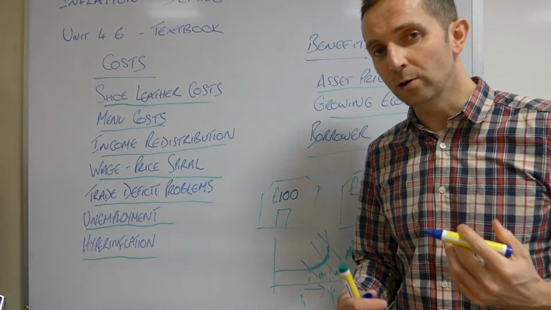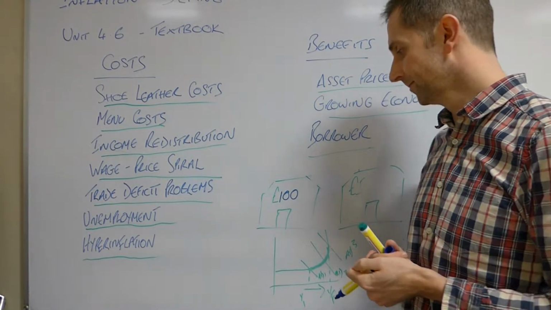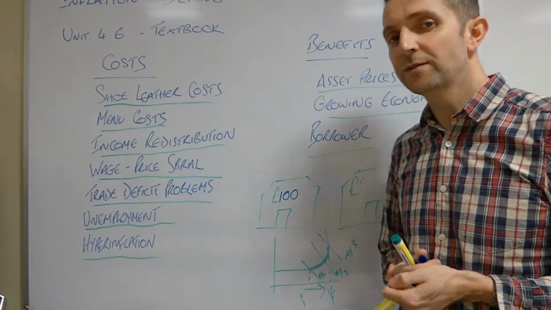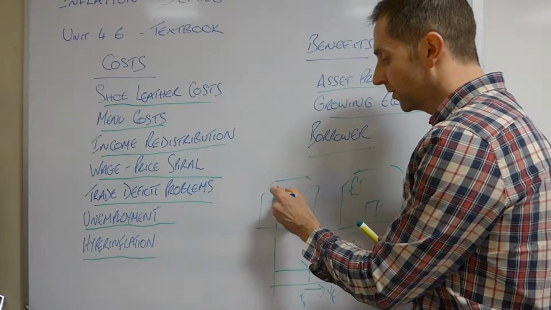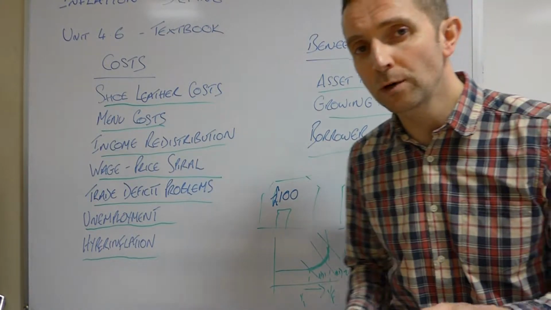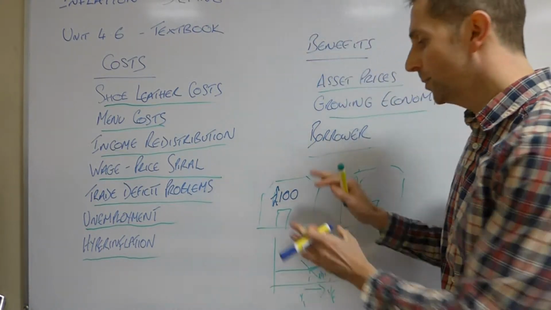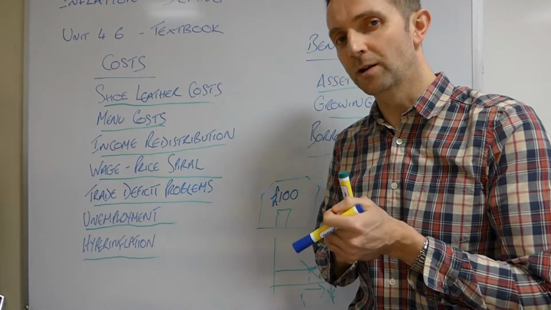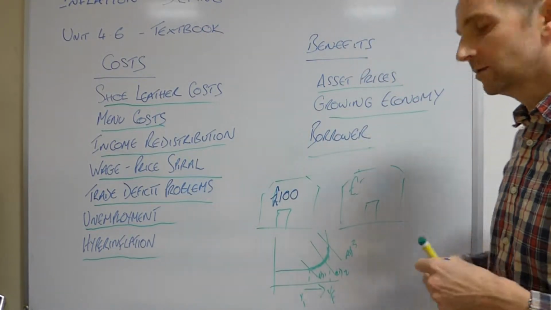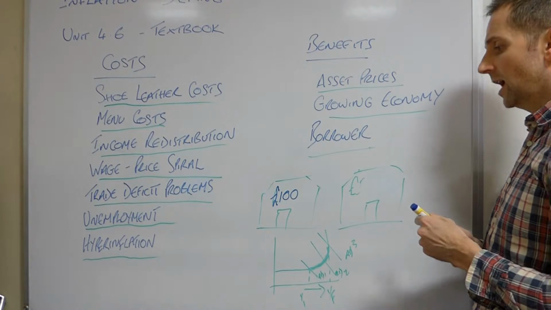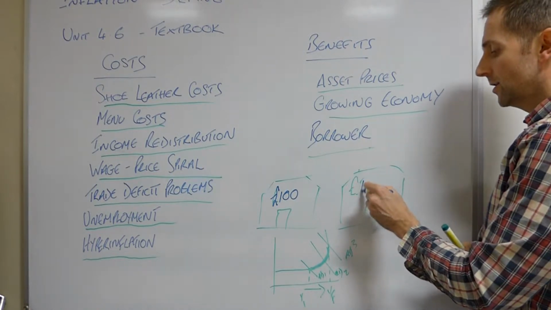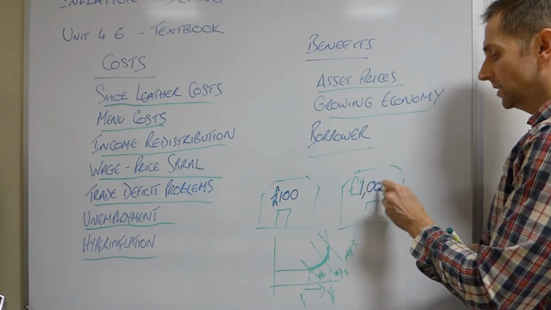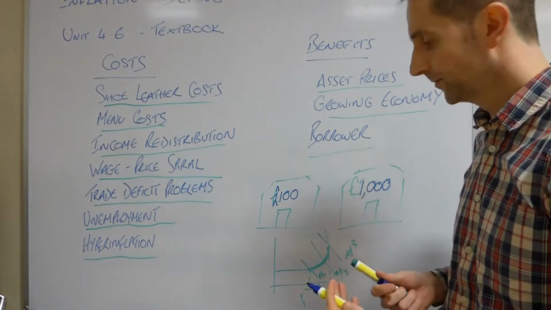In other words, you borrowed all of the £100. You might have taken that on as what might be referred to as an interest-only mortgage. In other words, you're not paying off any of the £100, you're just paying the interest that's accumulating on it all the time. Fast forward a number of years, and now that house is worth £1,000.